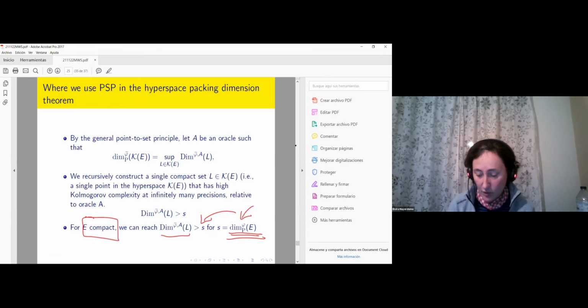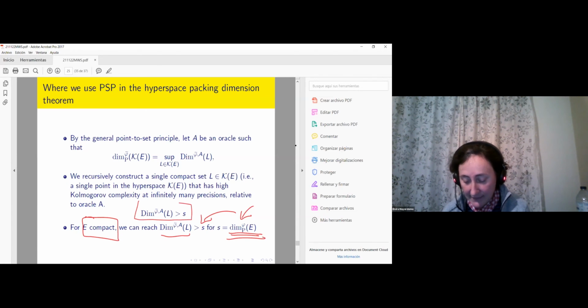Okay, so to summarize, this is not the proof. The proof is far more than this, but I wanted to point out that the point to set principle allows you to only look at a single oracle, and then you just use a combinatorial argument to construct a high Kolmogorov complexity element of the hyperspace.